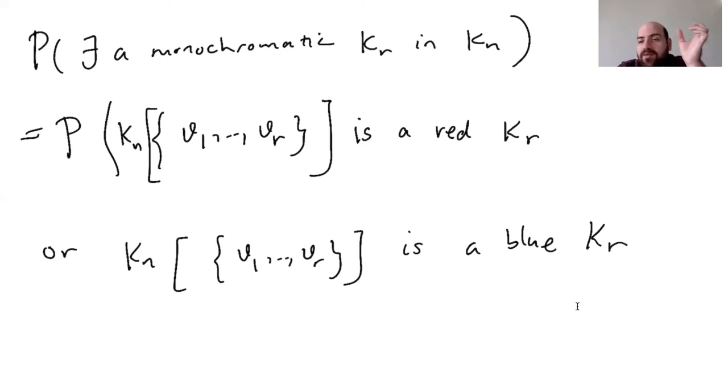So to have a monochromatic Kr, how many options do I have in order to have a monochromatic Kr in Kn? One way to do it is to consider the first r vertices and have all the edges in red. Another way is to consider the first r vertices and connect each two of them with a blue edge. So in that case, I will have a blue Kr. What other option do I have in order to have a monochromatic Kr in Kn?